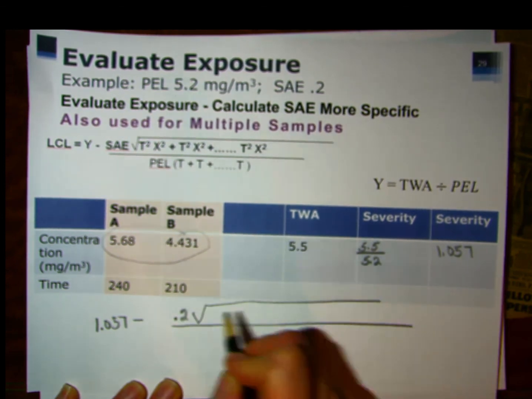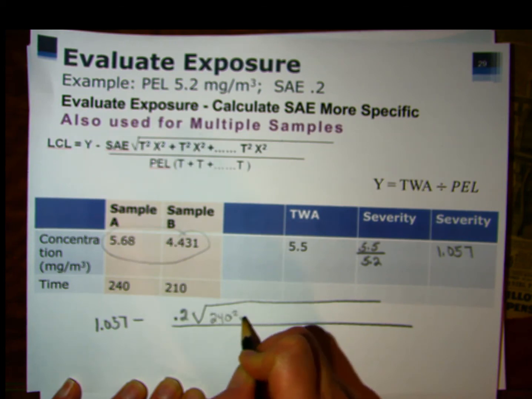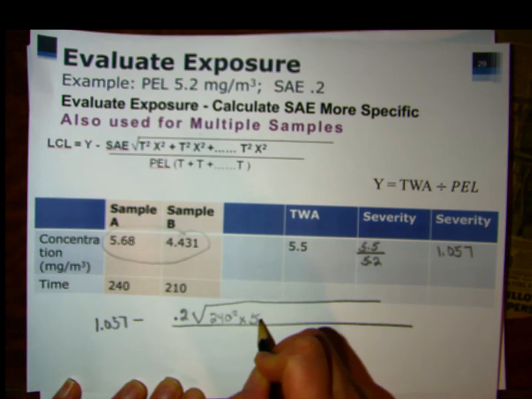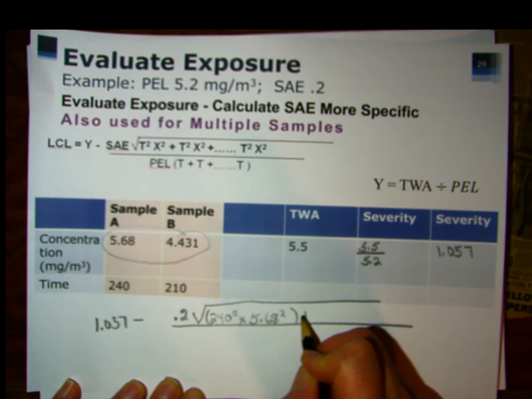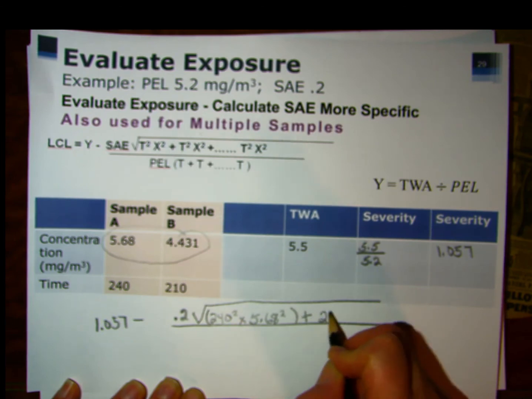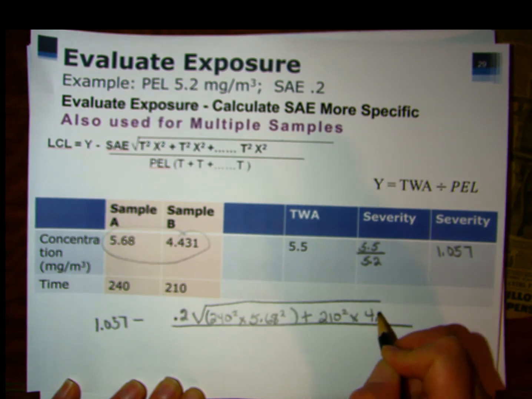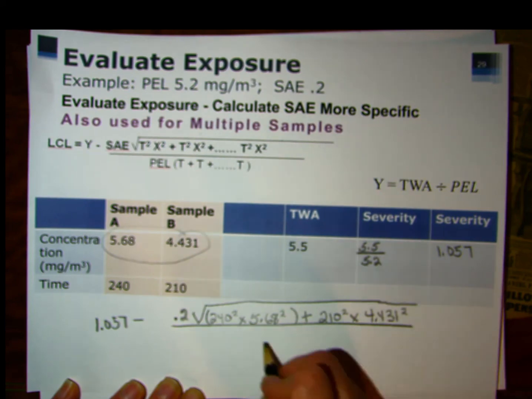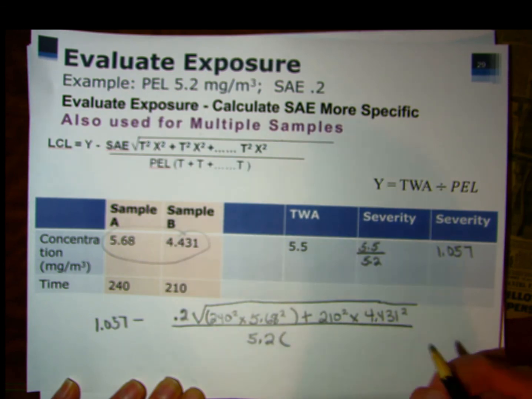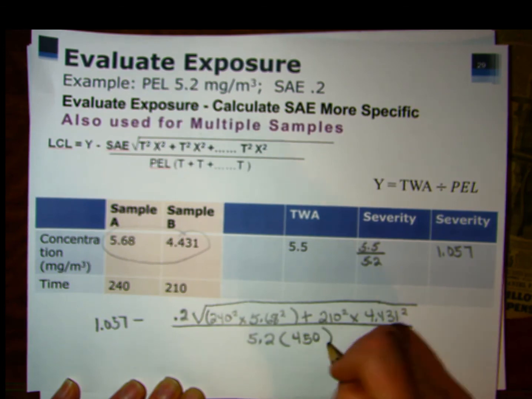And now we take the square root of time times concentration, plus time squared times concentration. And we'll put this over the PEL times our sum of time, which is 450.